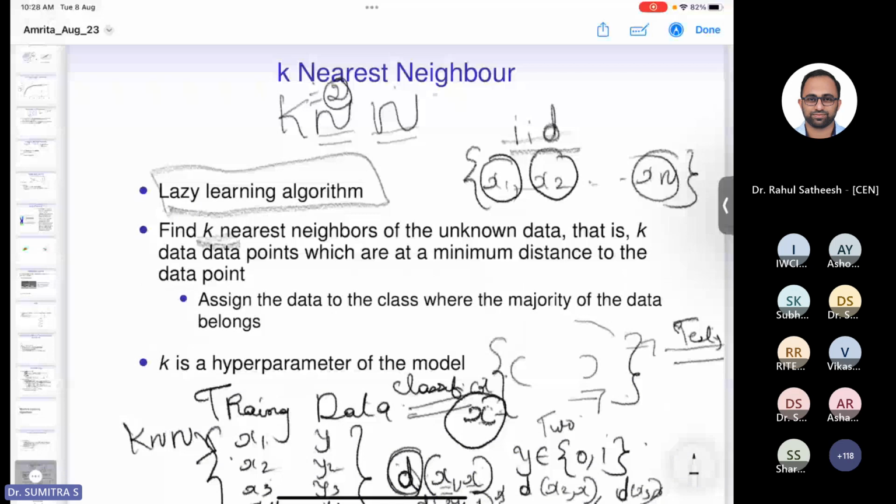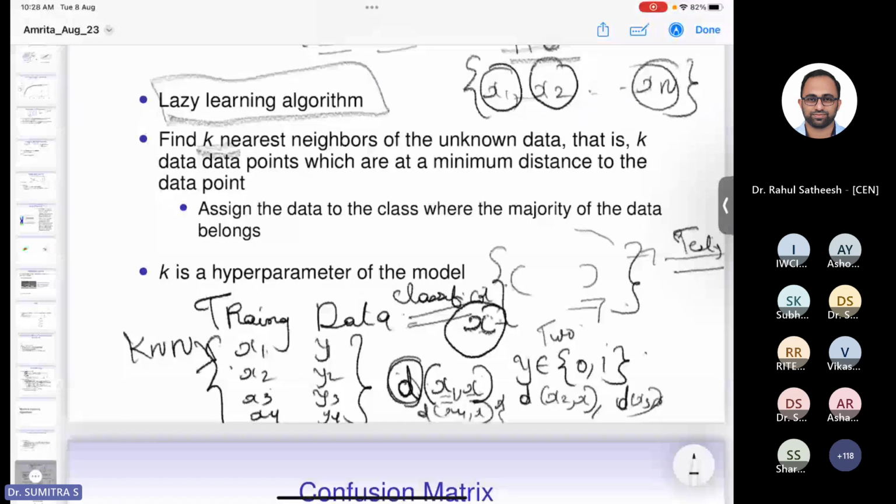K equals 3 means it will find the 3 points which are closest to x distance-wise. We first find the distance between all these points, and among them we find the ones closest to x. So I got x1, x3, and x4 as the ones closest to x distance-wise.